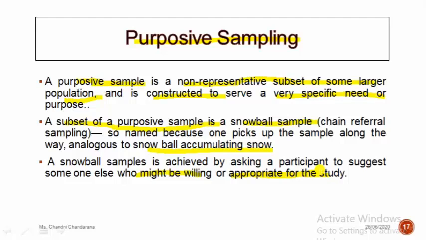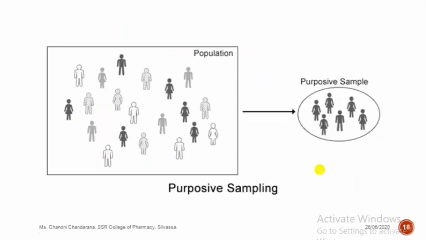That's why it is known as purposive sampling. You can see it is very clear from this example. See over here, there are 4 types of population: first, second, third and fourth. But our purpose is to select this sample. So we have to select only this sample.